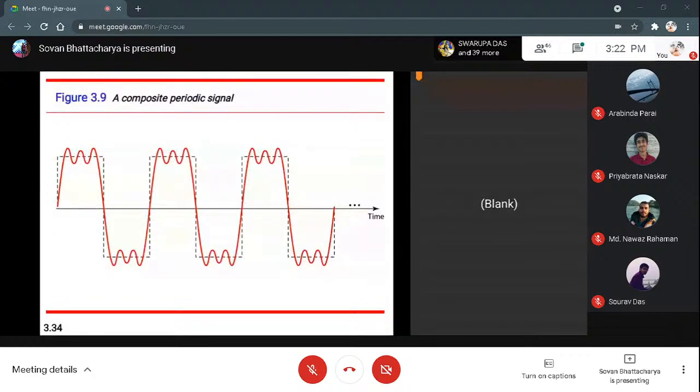If you see in this diagram or in this signal, here the frequency is 1 by 8. Amplitude 10 is also there, amplitude 5 is also there, and 15 is also there.